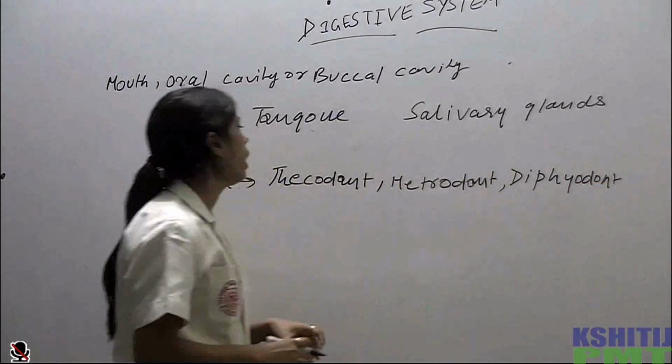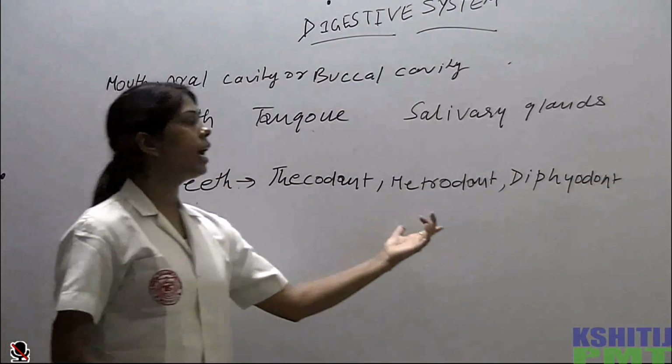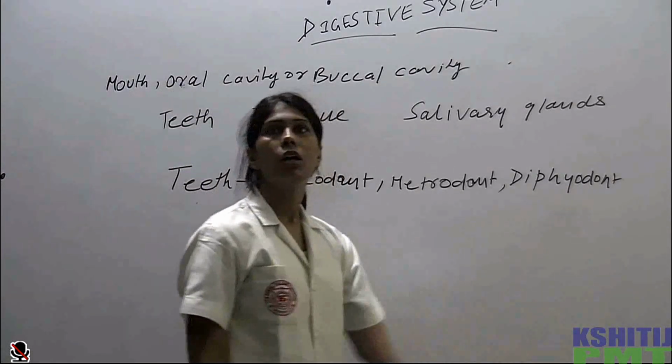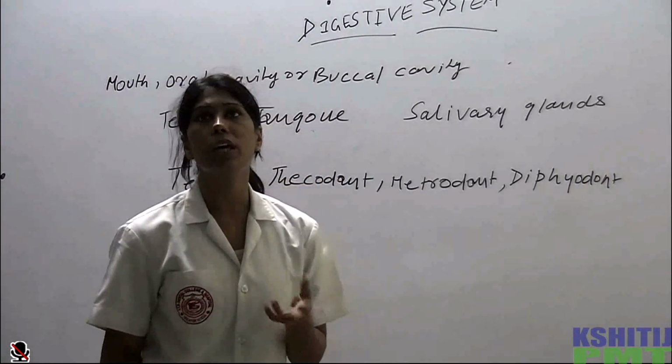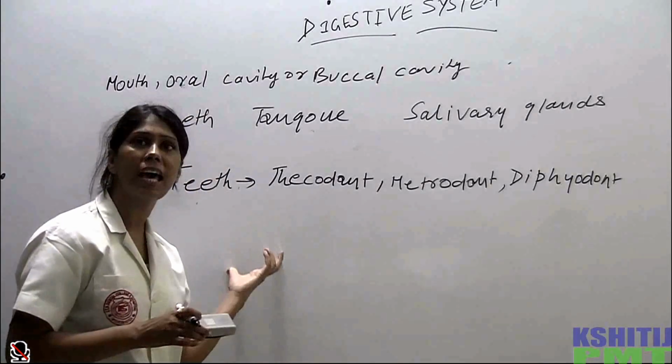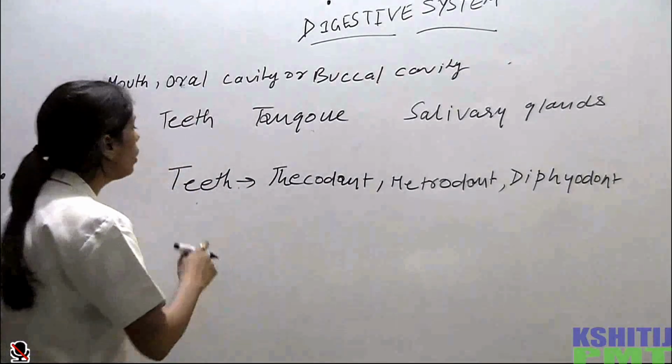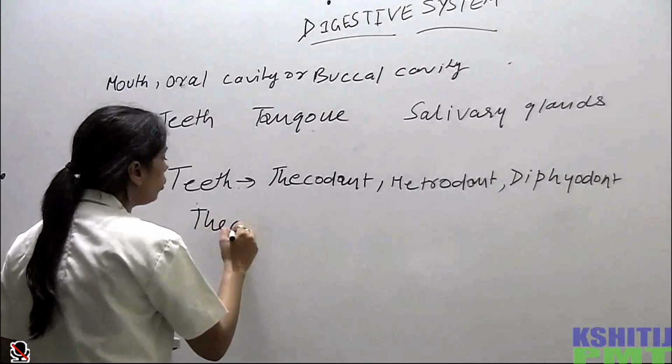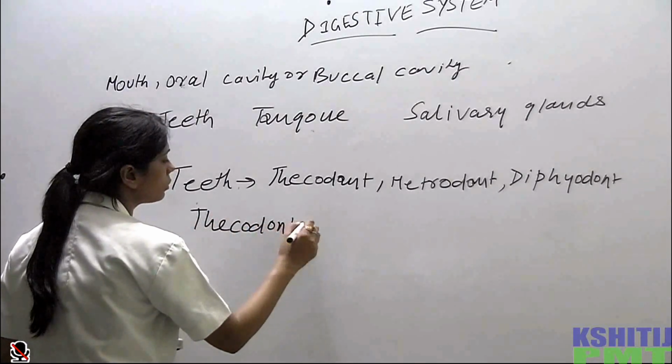Okay, so we have thecodont, heterodont and diphyodont. Now we will define what actually these characteristics are. So first of all, thecodont.